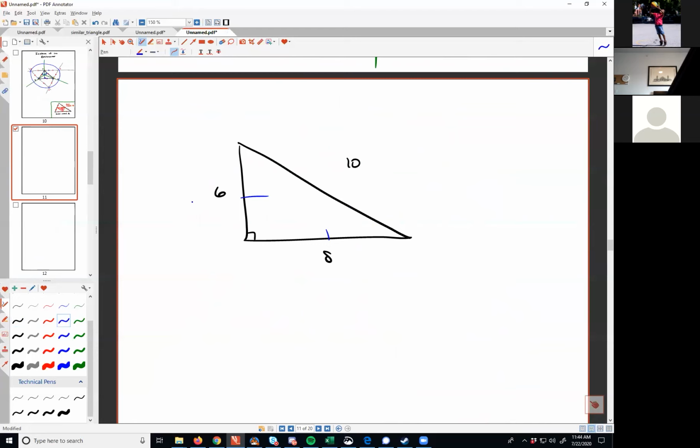And I'll go ahead and draw perpendicular to the legs. Oh my gosh. Is that point of intersection right on the hypotenuse? I think so. Wow. Is that a coincidence?